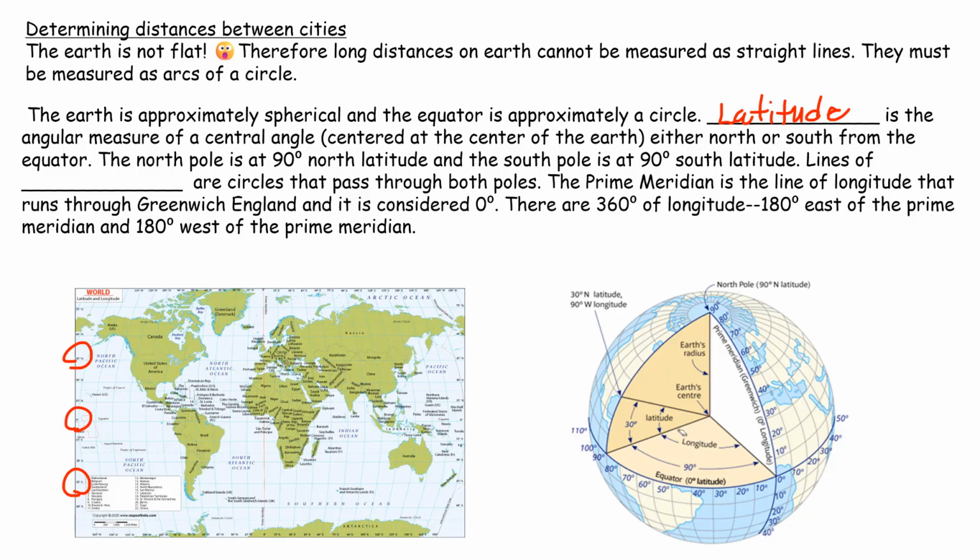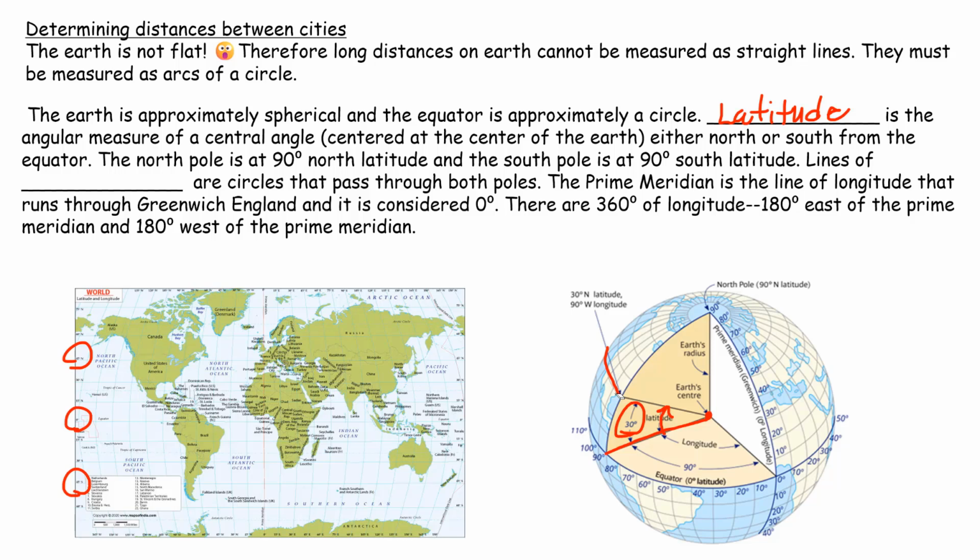So if you look at this picture of the Earth, with the center of the Earth right there, you come straight out to the equator, starting at 0 degrees, and then rotate north 30 degrees. That is 30 degrees north latitude. So that's what latitude means.